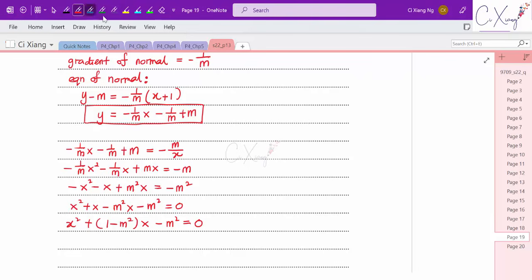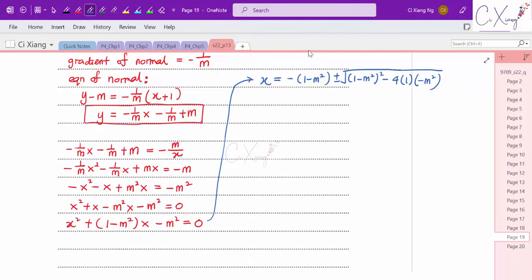And then to get the x coordinate for this quadratic equation, I can apply the quadratic formula. So I will let x equal -b plus minus the square root of b squared minus 4ac, and divided by 2a. So 2a is 2.